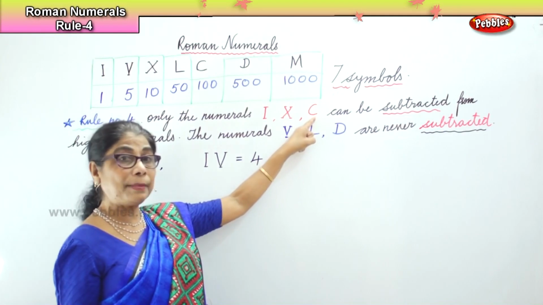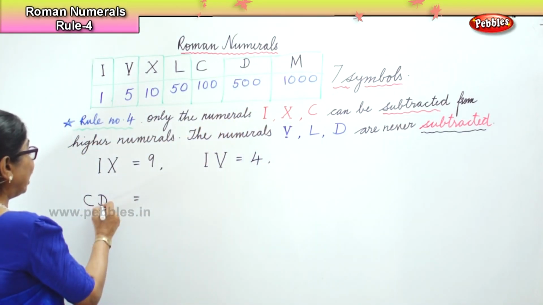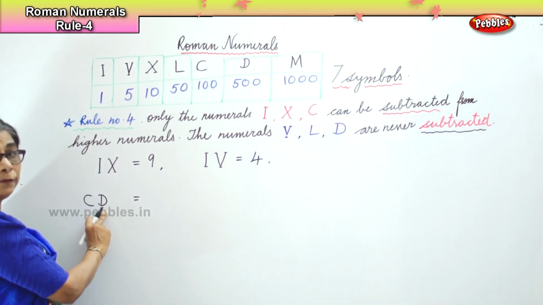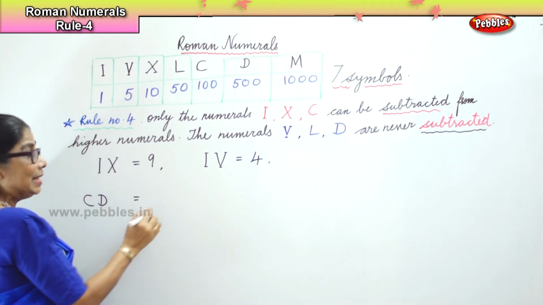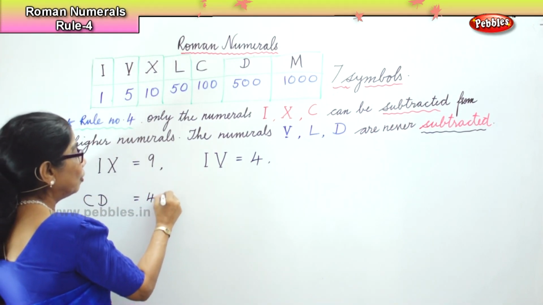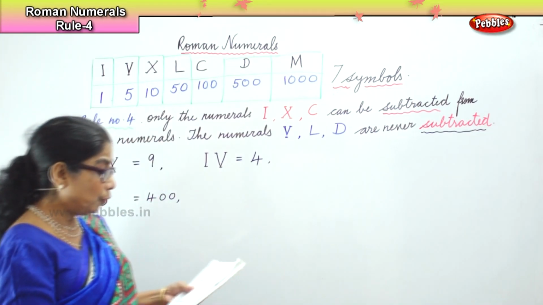So from 500, take away 100, we call this CD, 400.